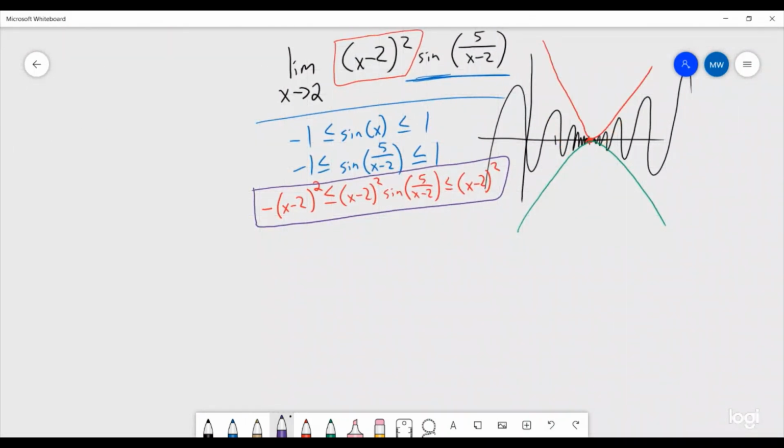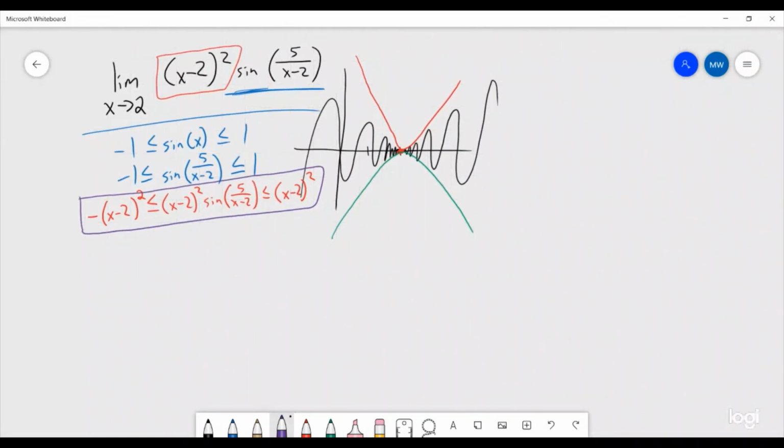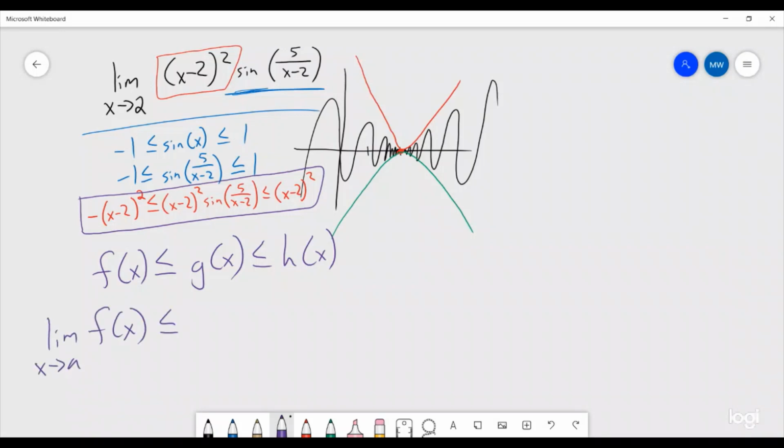The squeeze theorem says that if we have a function f of x that is always less than or equal to g of x, which is always less than or equal to h of x, then the limit as x goes to a of f of x is less than or equal to the limit as x goes to a of g of x is less than or equal to the limit as x goes to a of h of x.